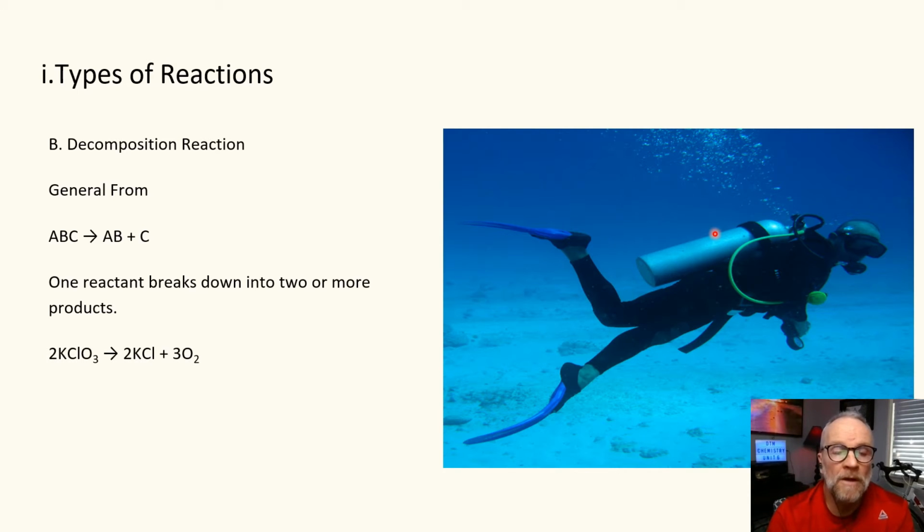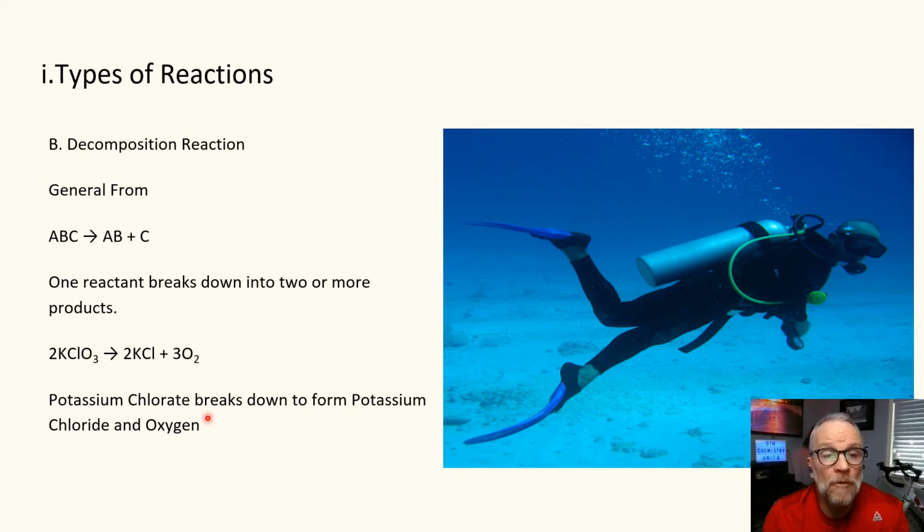And our example here is of potassium chlorate breaking down to potassium chloride and oxygen. This was one of the first reactions used to produce pure oxygen in breathing apparatuses for hospitals, scuba diving, welding, and so forth. So potassium chlorate breaks down to form potassium chloride and oxygen.